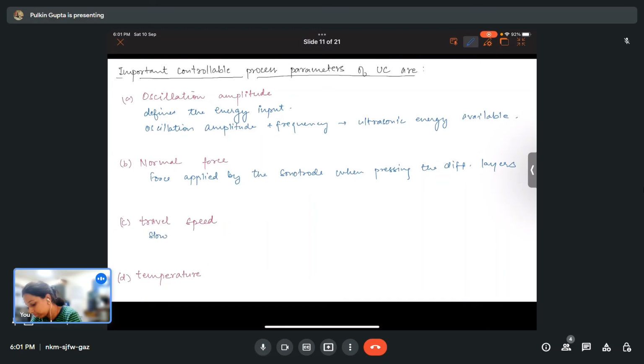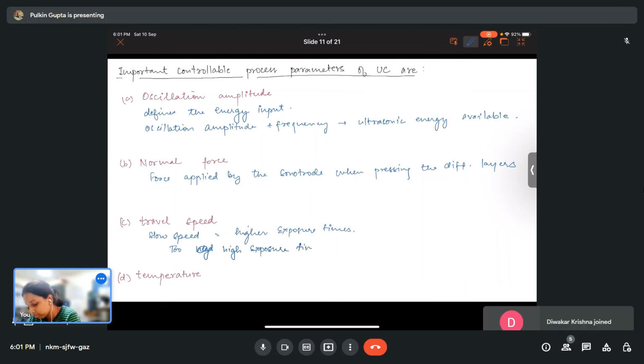Slow speed equals higher exposure time, and better bonding. But too high exposure times can also cause damage.